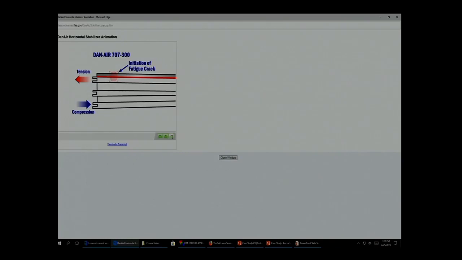The stiff stainless steel plate attracted a higher amount of loading than the aluminum structure alone would have carried, and this high loading was transferred to the top cord of the rear spar through the fastener attachment. This higher than anticipated fastener loading led to crack initiation in the upper cord at the 11th fastener.